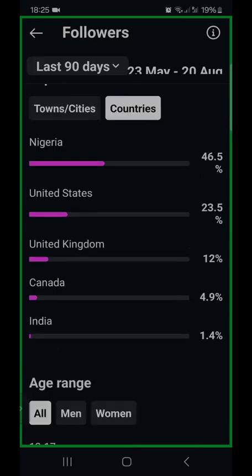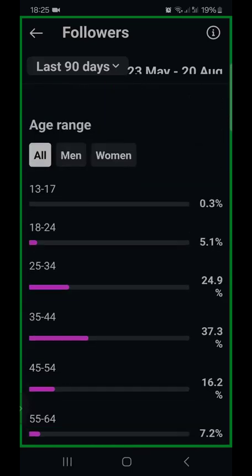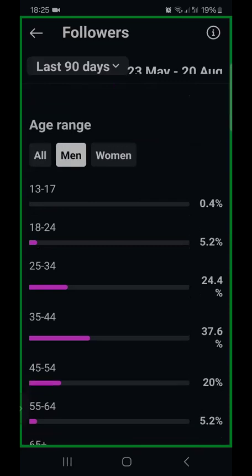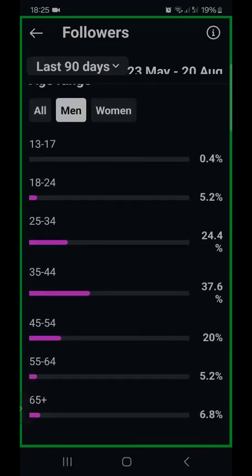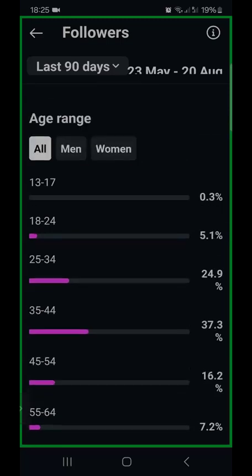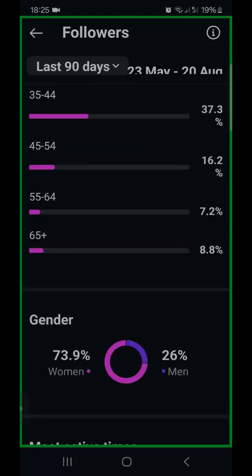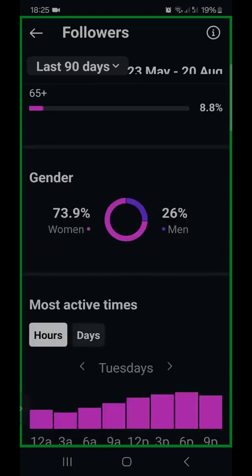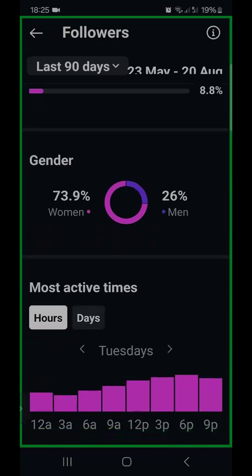And also looking at the gender distribution. Most of my content is directed at females, really. So I'm not going to be shocked if I have, yeah, 74% of female followers as against 26%, and that's okay.